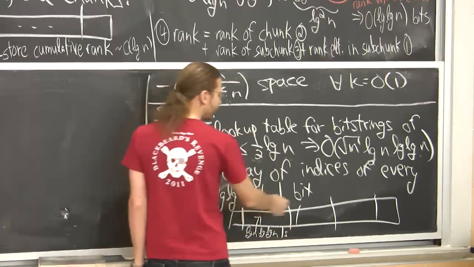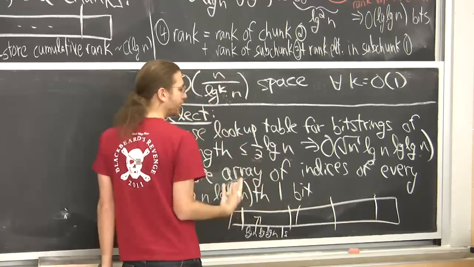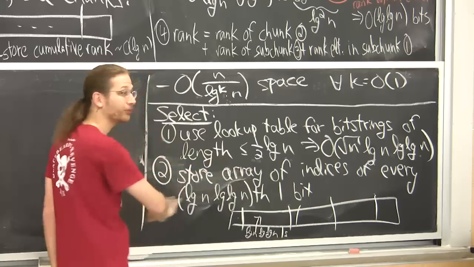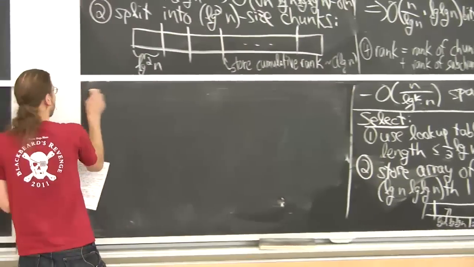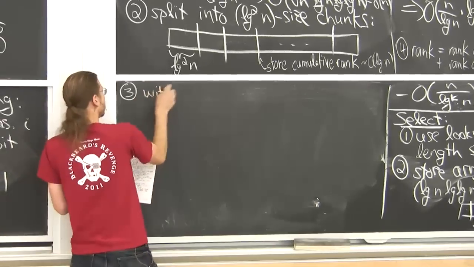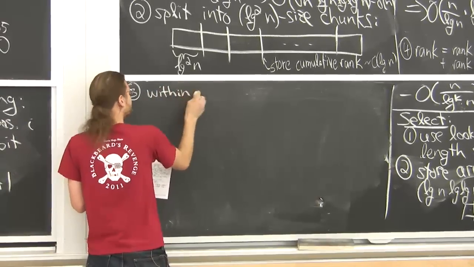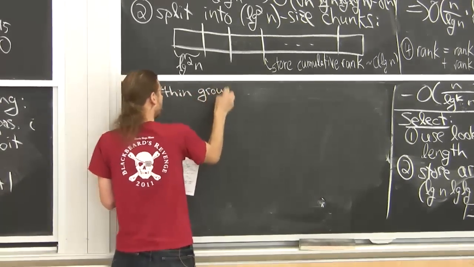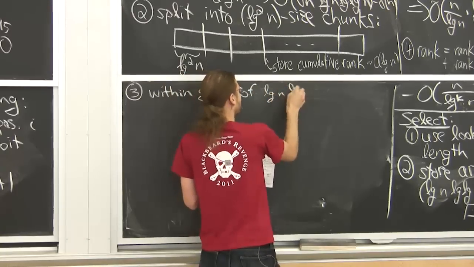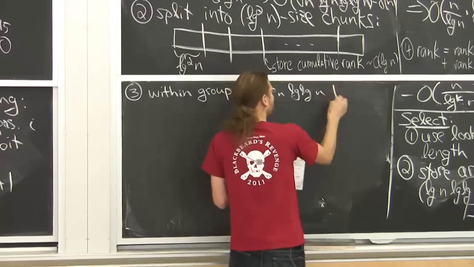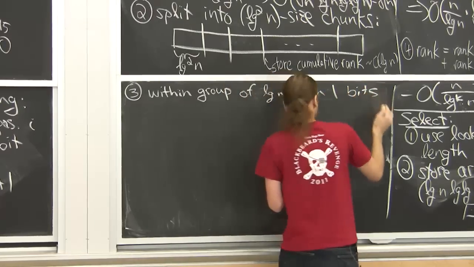Okay, so you can now teleport to the appropriate chunk, and the issue is, how do I solve a chunk? But now chunks have different sizes, which is kind of annoying. That's why we need this extra step, which is within a group of log n log log n 1 bits. I'm calling them groups now instead of chunks.